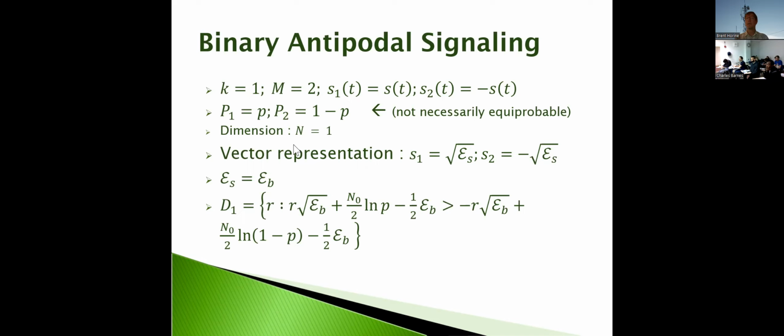So we'll note that because k is equal to 1, a bit maps into a symbol on a one-to-one basis, and so we'll call this equality an equivalence: the energy in the symbol is equal to the energy in a bit.